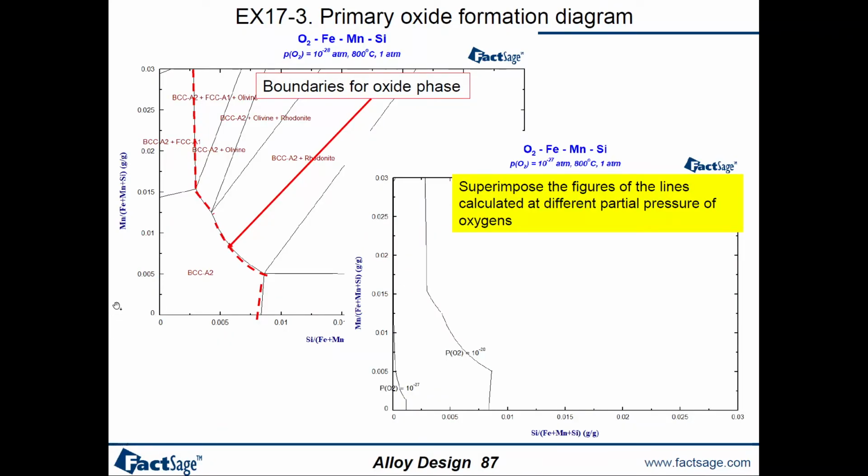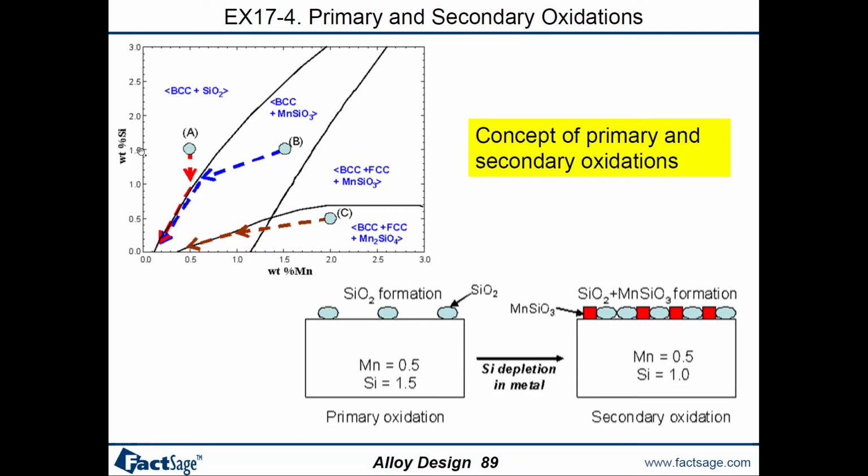Another nice thing we can do using this primary oxide formation diagram is to get an idea of secondary oxides. So if we trace these oxide phases at different partial pressures and then superimpose these diagrams for different partial pressures, then we can get this kind of diagram where, for a specific temperature, by plotting all of them for different partial pressures of oxygen, we can divide the primary oxidation diagram into regions of oxides.